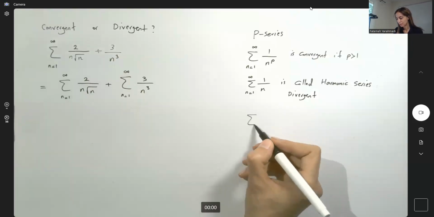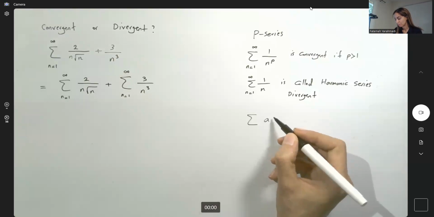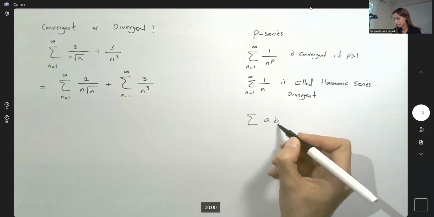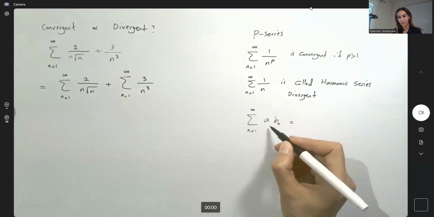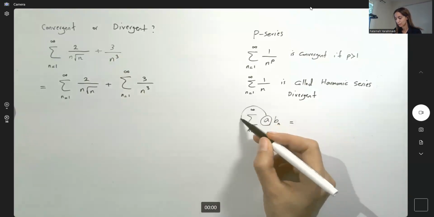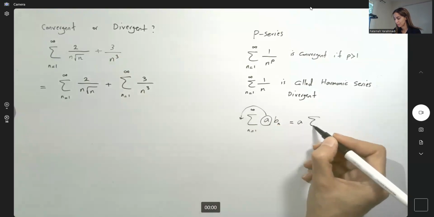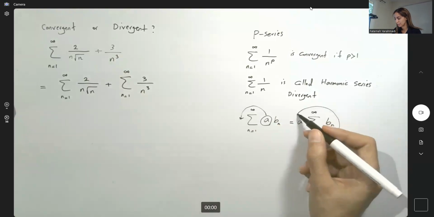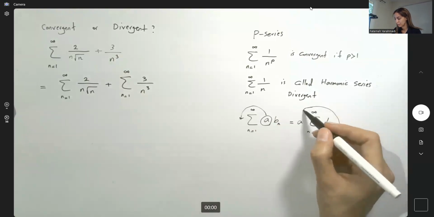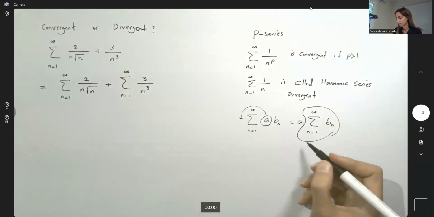Remember that if you have the summation of a times b n, starting from 1 to infinity, and a is a scalar, you can take this scalar and write it in front of the series itself, and basically just analyze the series instead of the multiplication with a scalar.